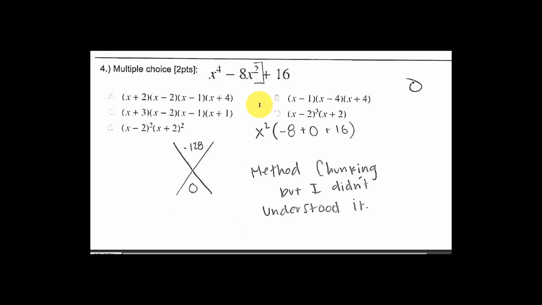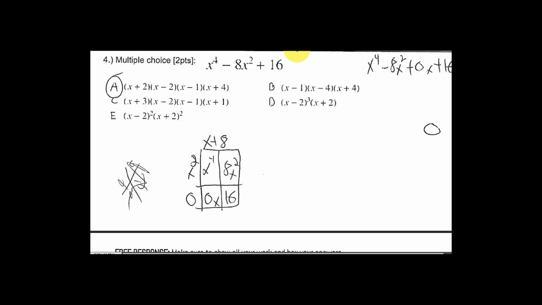All right, so this student tried chunking, and it says method chunking, but I didn't understand it. If you chose the chunking method, your box would have been x squared. This student did something interesting. They added 0x. I think because they think that it was missing a b term there.